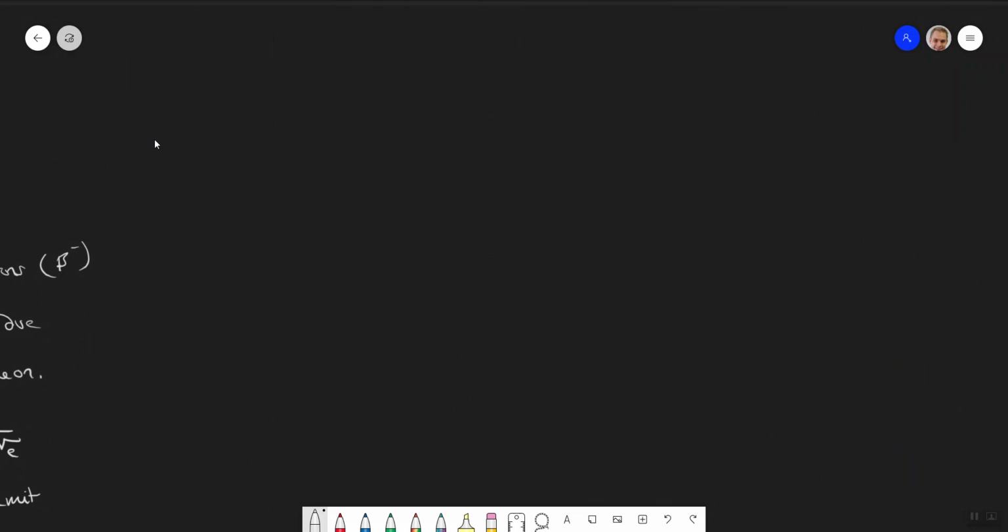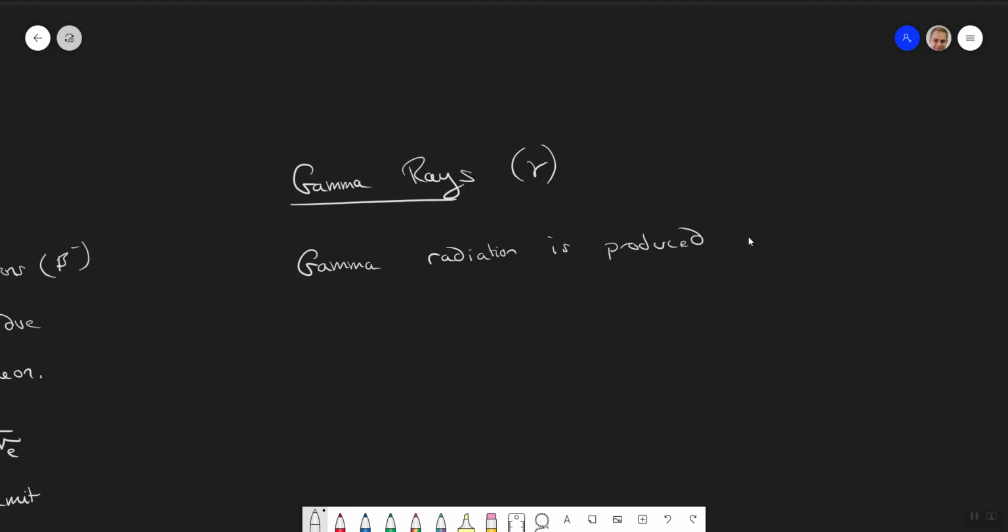Right, okay, let's deal with gamma. Okay, so gamma radiation is produced when excited nuclei release energy as a wave.